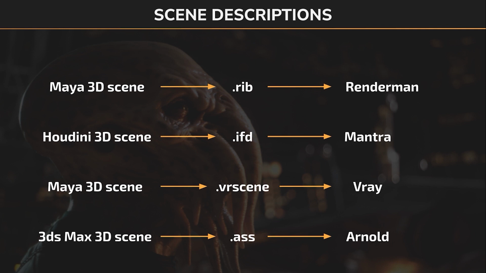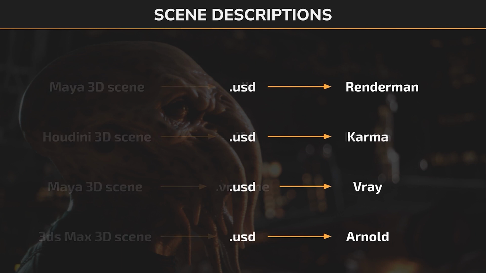Now let's go to USD, Universal Scene Description. USD promises to be able to communicate directly with your render engine of choice, speeding up our time to first pixel because our USD file is already a scene description itself. The USD file can directly communicate to the render engine and skip that scene translation time.